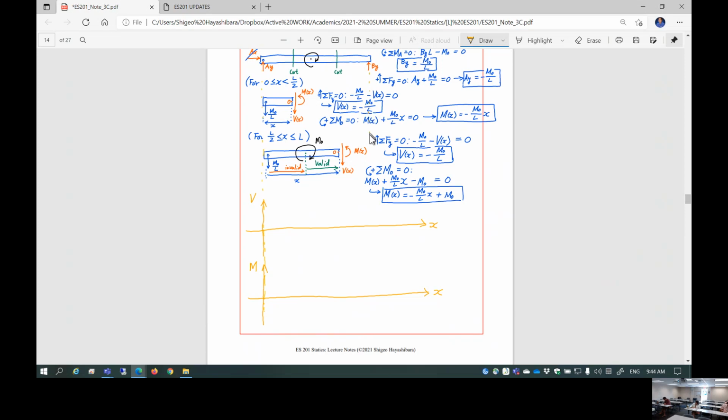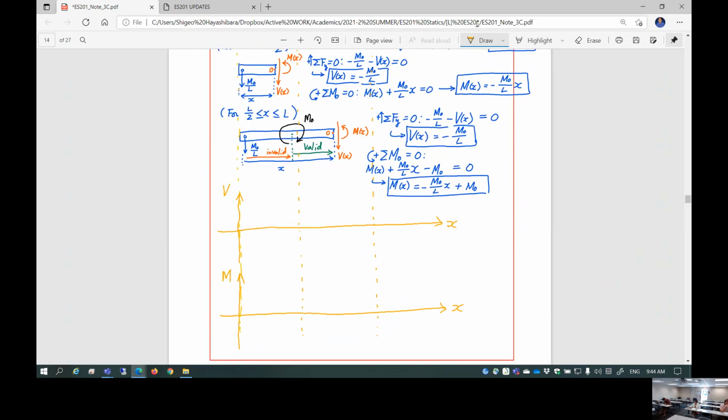That's the location of the edge of the beam. And this is the location of where the moment is applied.